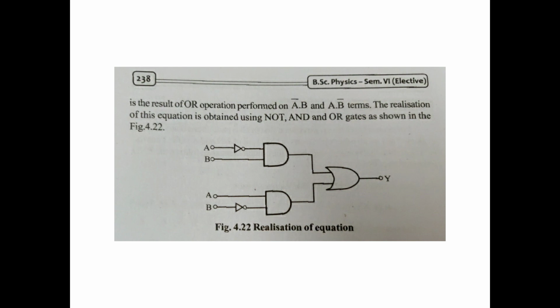The realization of this equation is obtained using NOT gate, AND gate and OR gate as shown in the figure 4.22. So you observe this figure, then compare with that equation. Now you can understand simply how the equation can be realized in terms of a diagram.